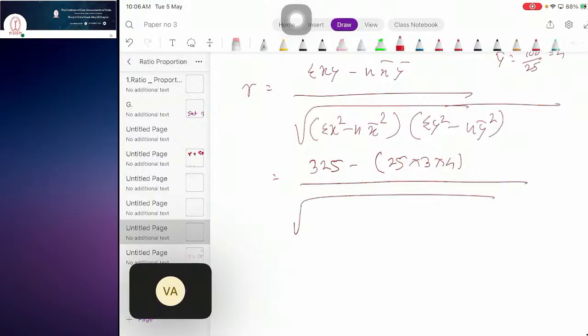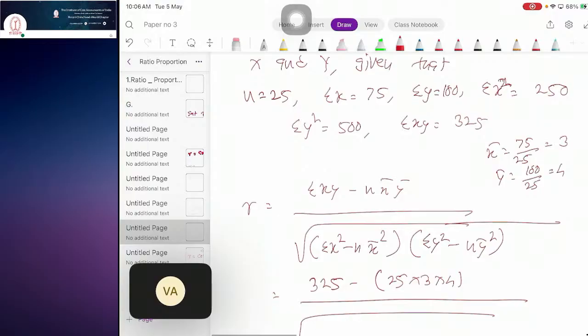under root of summation x square. Summation x square value is given, 250.